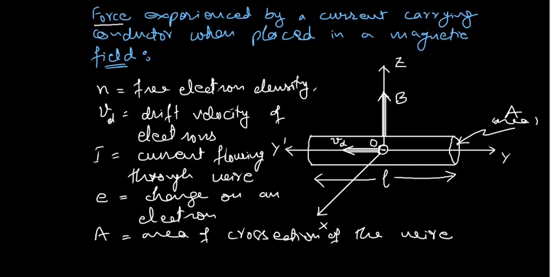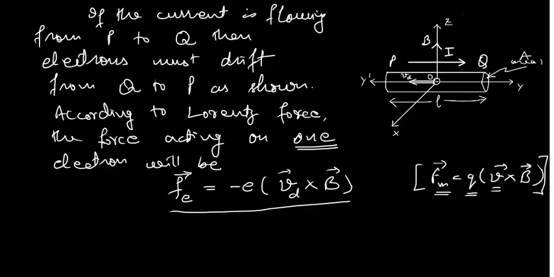Now, as we have considered, n is the free electron density, that is the number of electrons per unit volume.